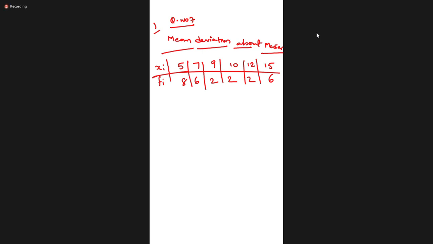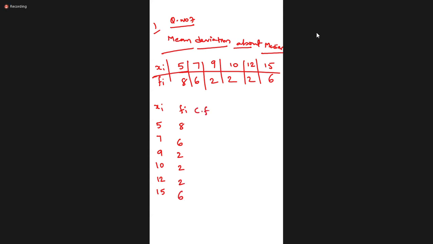Mean deviation about mean we did in the last question. Now mean deviation about median.